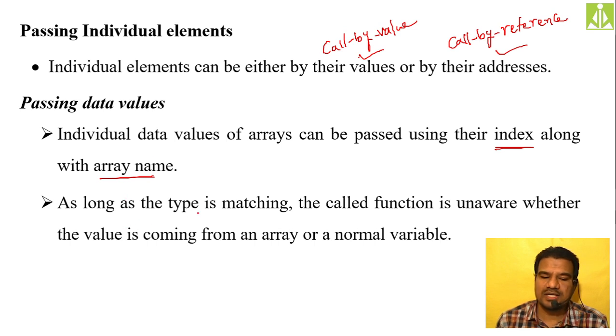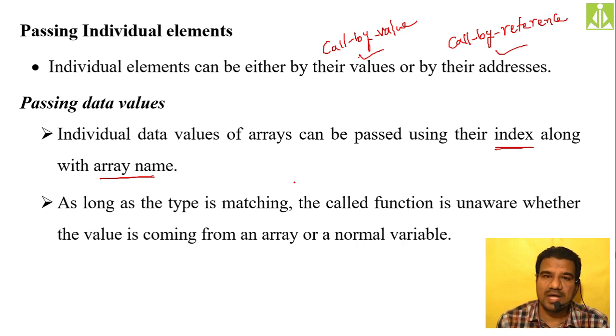Okay, as long as the type is matching, the called function is unaware whether the value is coming from an array or it is a normal variable. See, it is very simple. For your understanding, being a programmer, as you are programming the code, it may look like you are passing an element from the array. But from the compiler point of view, or from the called function point of view, it will receive it like an individual element.